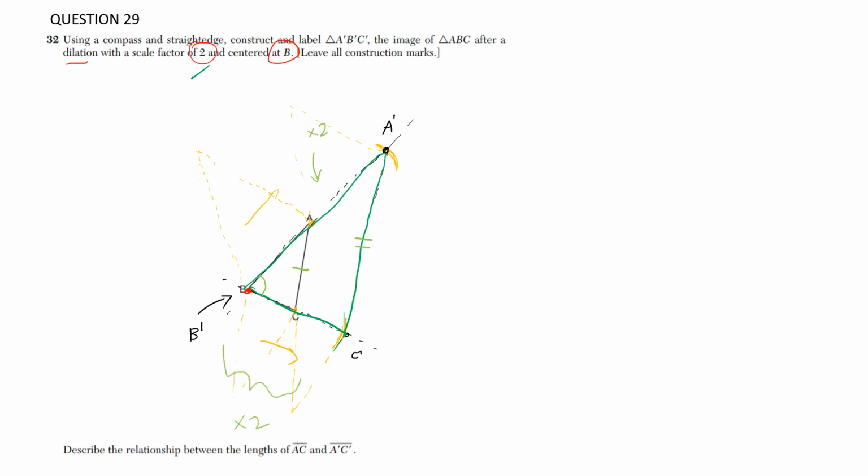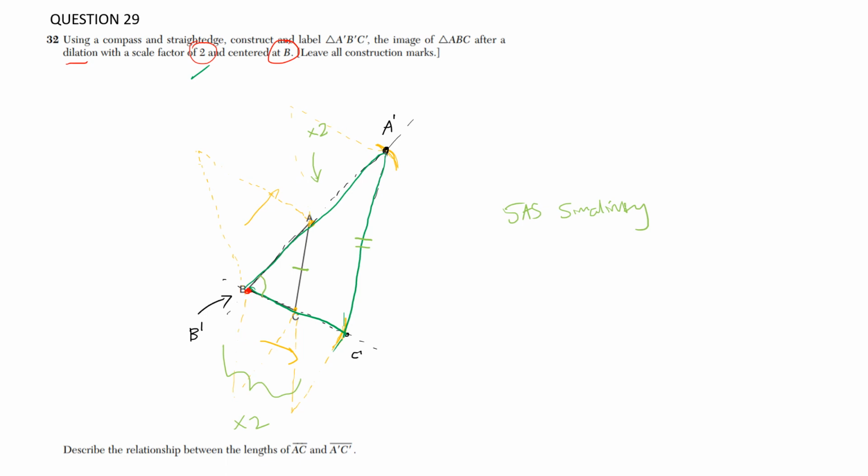So by side angle side, we know the proportions that the sides went up by are the same. And the angle that they share, angle B or B prime, however you want to call it, is the same. So these two triangles are similar. So we could say SAS similarity.